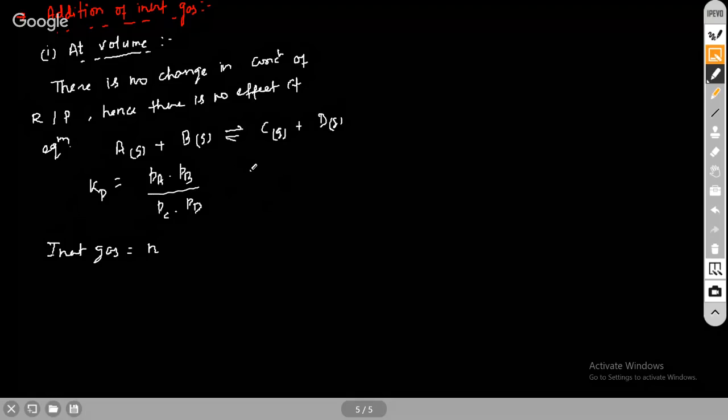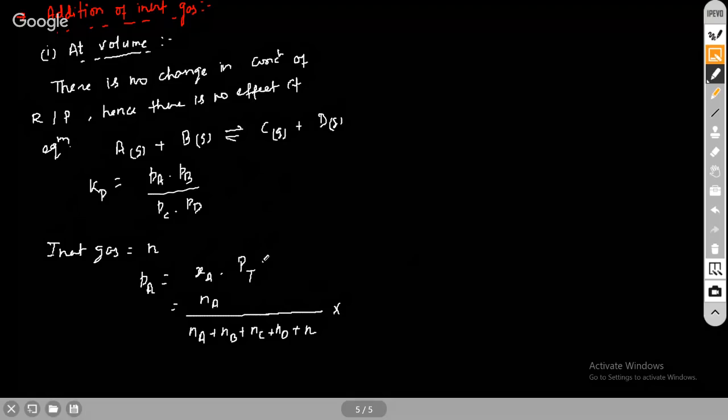So if I write down the formula of partial pressure, suppose for A we are calculating, partial pressure of A will be equal to what? Mole fraction into total pressure. Mole fraction, what can we write? It is number of moles of A by total number of moles, that is Na plus Nb plus Nc plus Nd plus the number of moles of inert gas, N, into the total pressure.